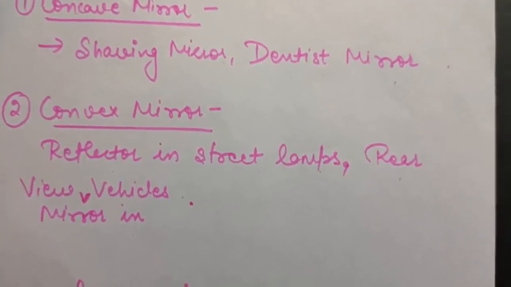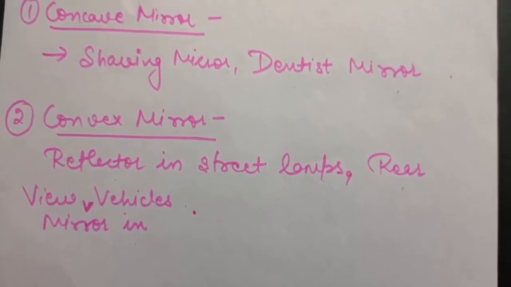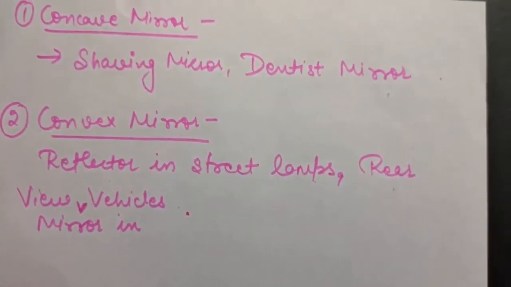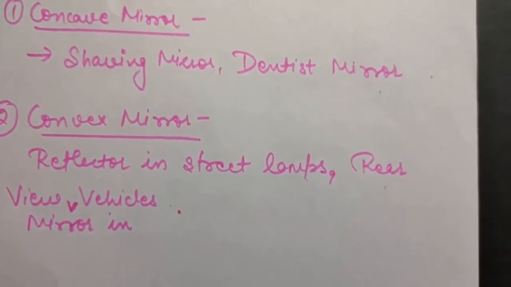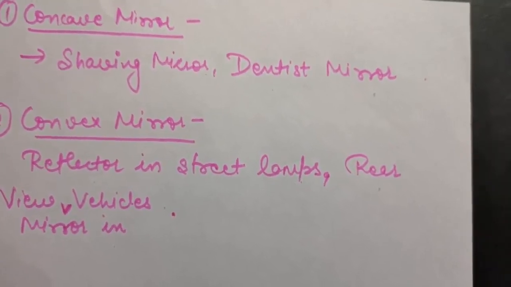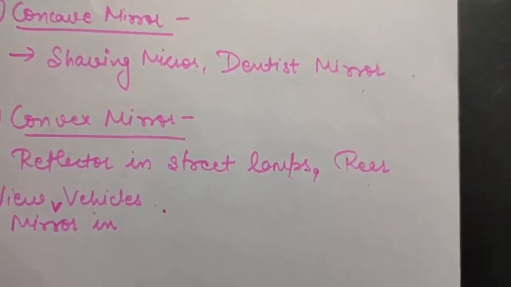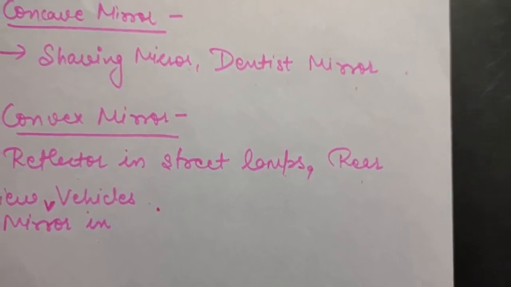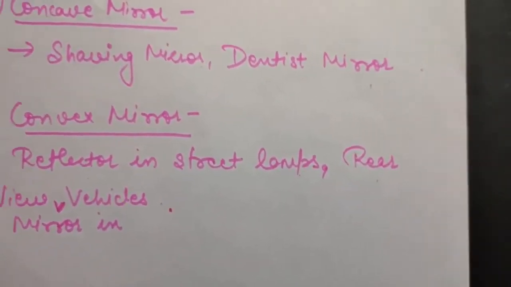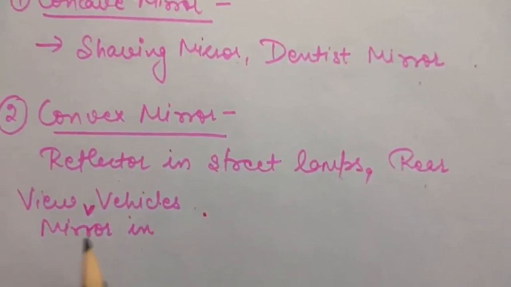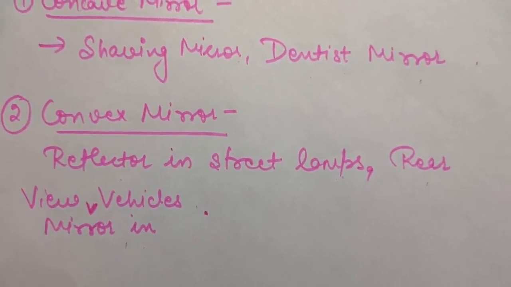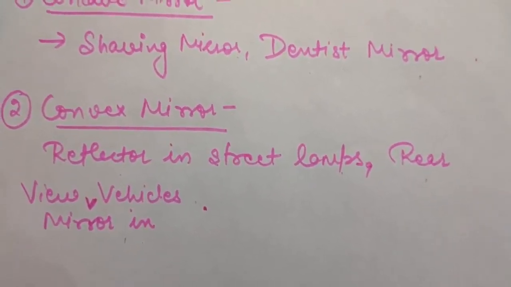The image formed in that mirror is always small in size and erect. Obviously you see the vehicles straightforward, not upside down. That means the image is erect, virtual and small in size. Therefore a convex mirror is used there, because only a convex mirror has those properties.